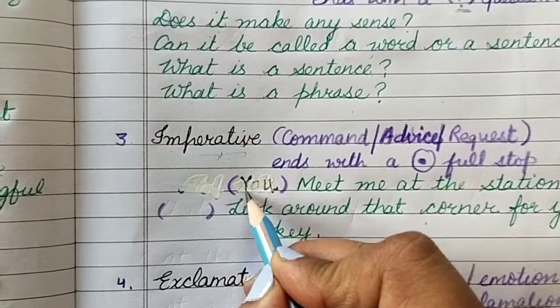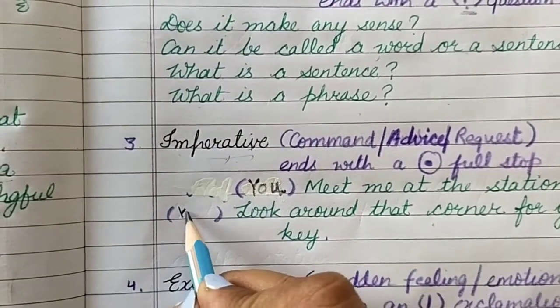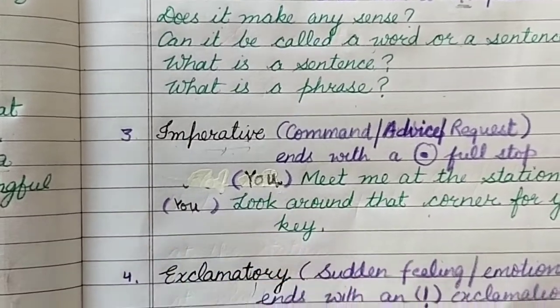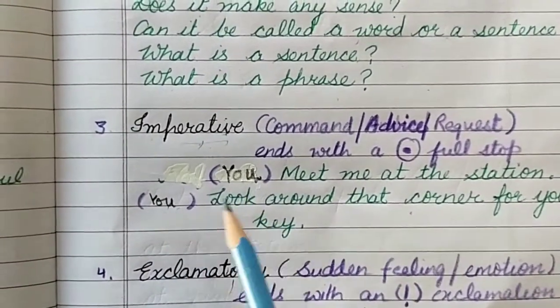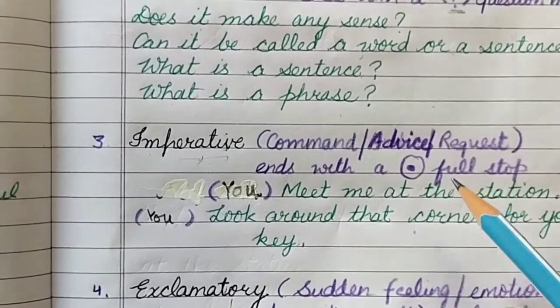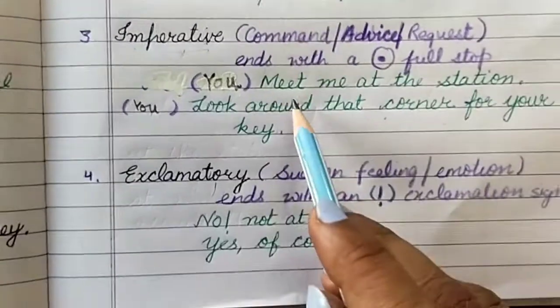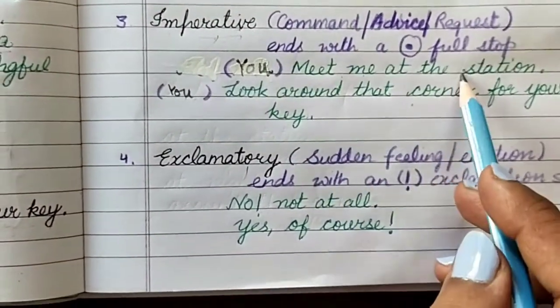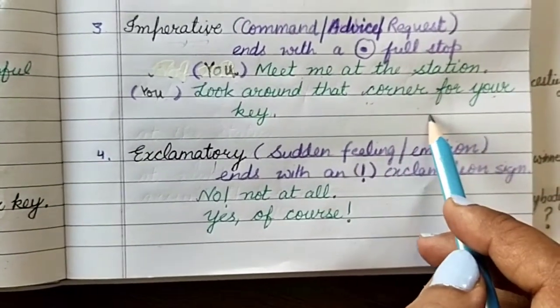Now the subject you is hidden in it. You look around, है ना, you लिखने की जरूरत नहीं है इसको, है ना, लेकिन it's of course being said to somebody other than your own self, है ना, तुम किसी और को कह रहे हो and you are just commanding, आप मुझे मिलना, उधर देखो अपनी कीज ढूंढने के लिए.